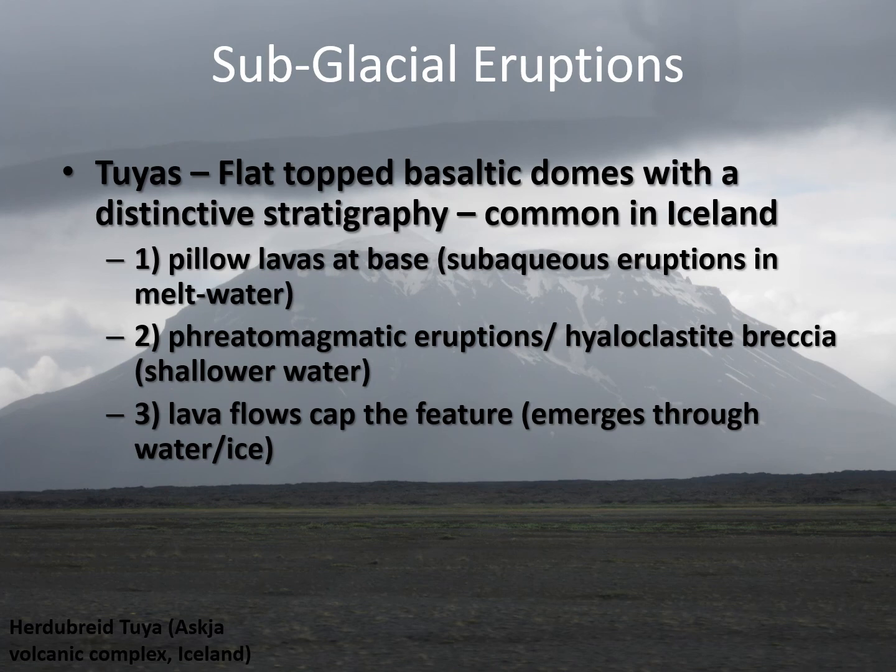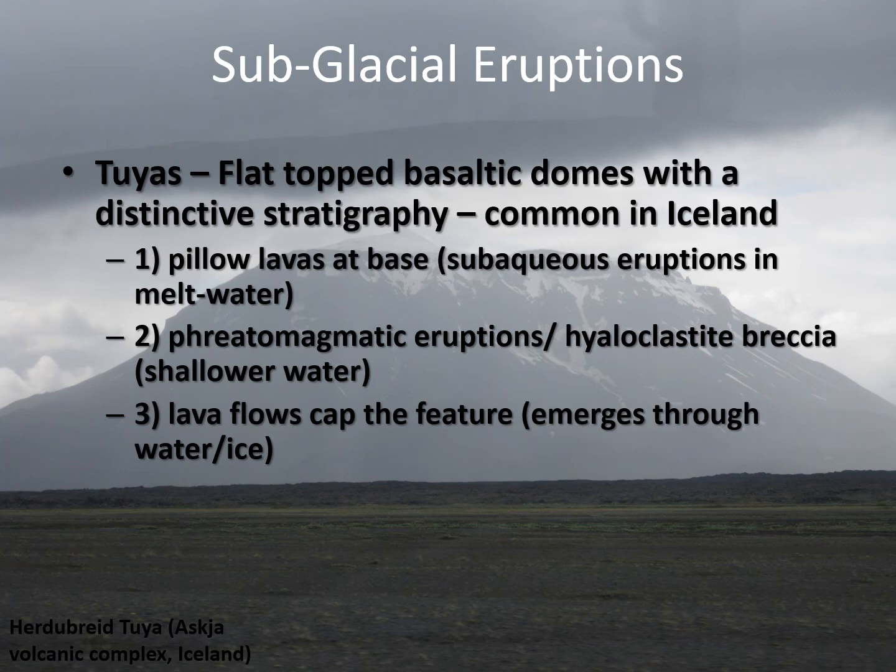And then typically at the top you have regular old, everyday basaltic lava flows, A'a flows or Pahoehoe flows, depending on the speed of the eruption. So basically you start out with this underwater eruption caused by the melting of the ice, followed by explosive phreatomagmatic eruptions as the amount of water starts to wane and you get more explosions through the shallow water body that's being heated and flashed to steam by all this material coming in.